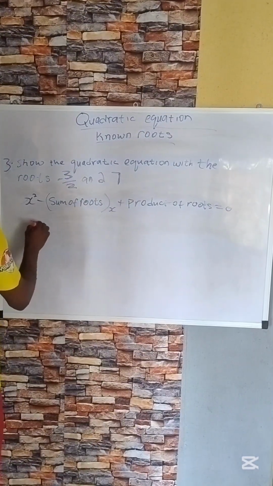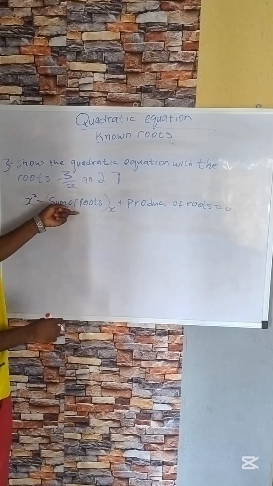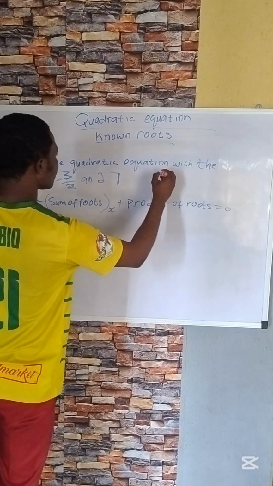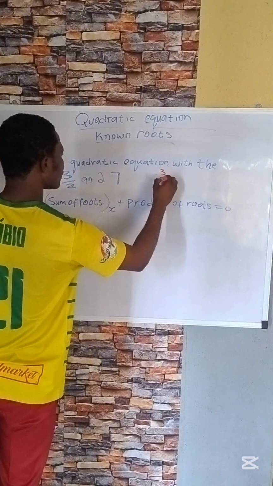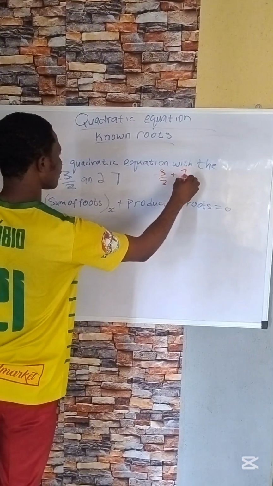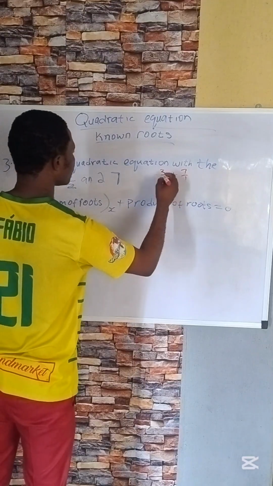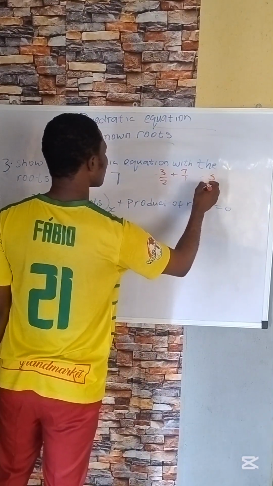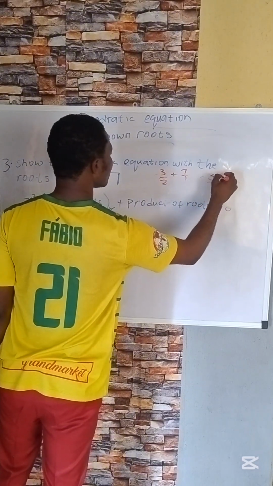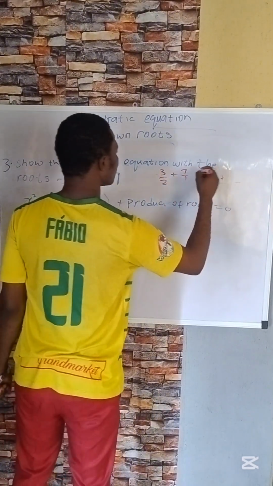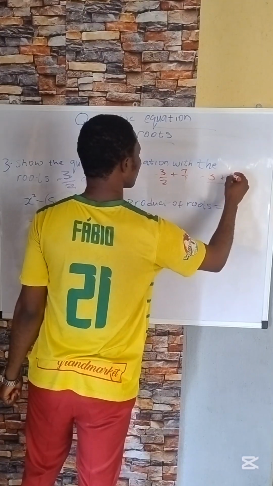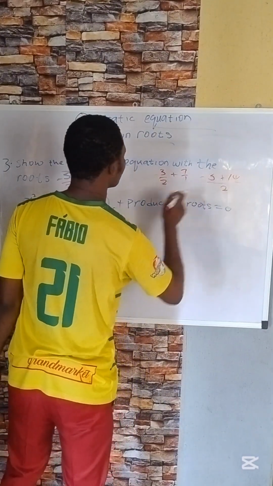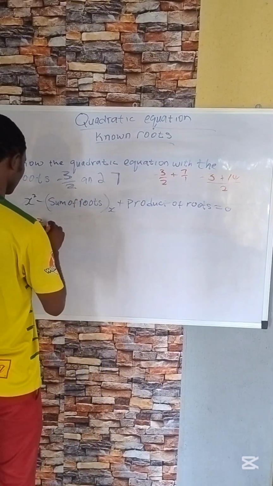So we have x squared. The sum of these roots is minus 3 over 2 plus 7 over 1. The common denominator is 2, so 2 into 2 is 1, and 2 times 7 is 14. So this is minus 3 plus 14 over 2, which is 11 over 2.